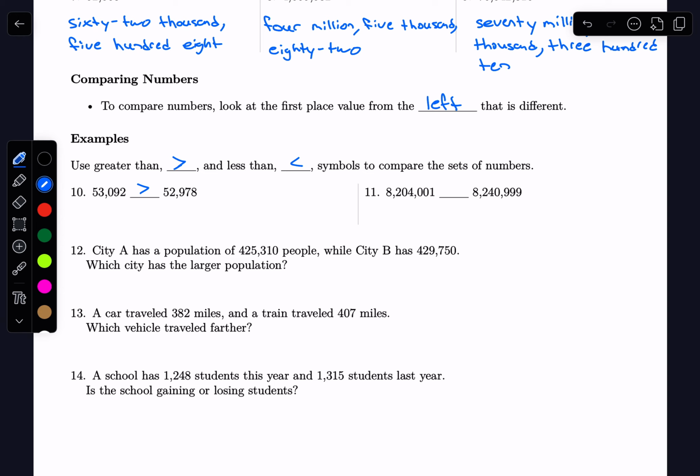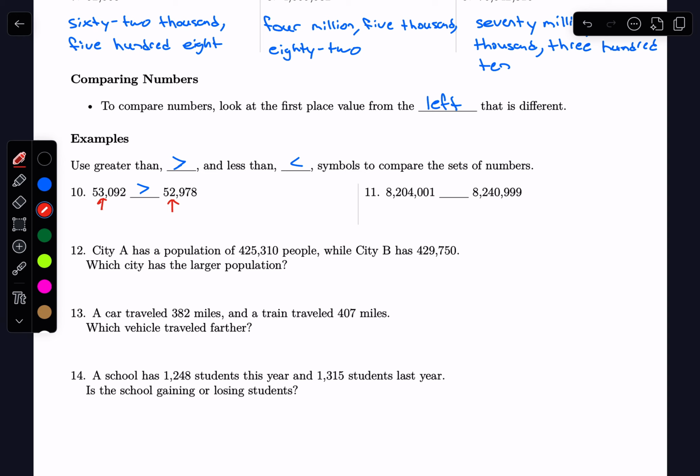But the official way we're doing that is place value by place value. So the 50 part, the 5 in front, in the 10,000s place, we have a 5 in both numbers. So we don't compare those, they're the same. But the next digit is a 3 versus a 2. So in the thousands place, 3 is bigger than 2. So the left number, 53,000, is bigger than 52,000.